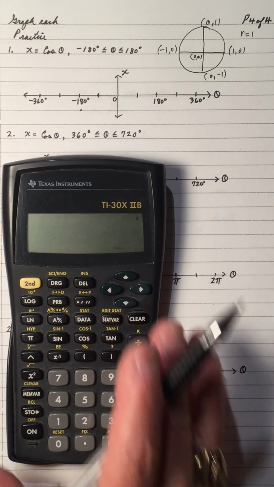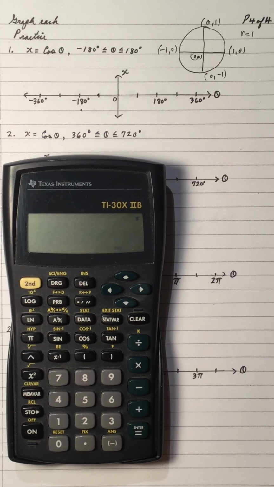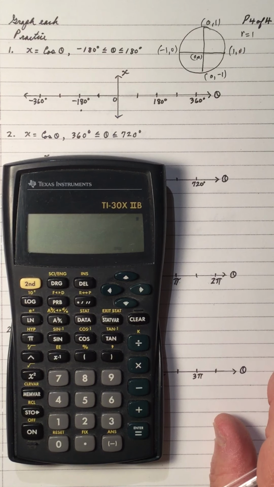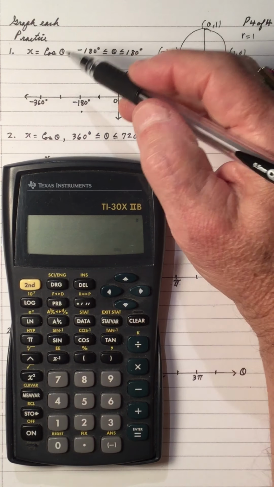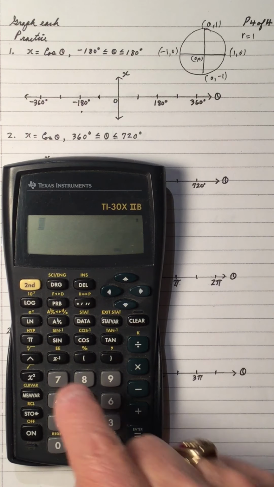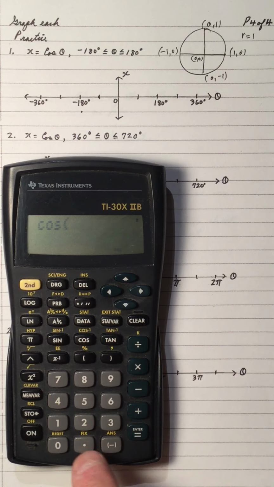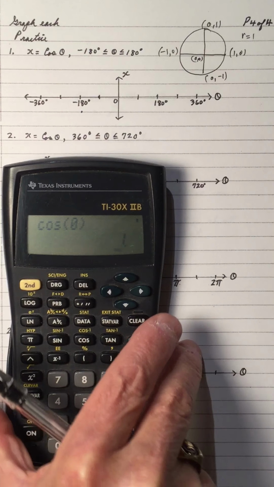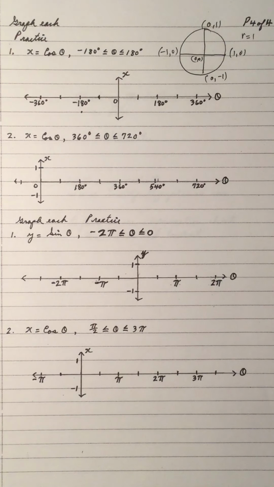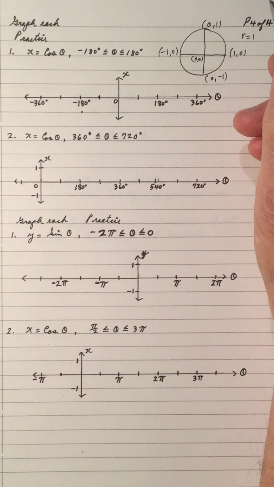If you put your calculator in radian mode, you better take it back out of it right away. So I keep everything in degree mode. I convert my radians to degrees and keep it simple. So what's the cos of 0 degrees? And the calculator says 1. So you can use your calculator to get all these answers. But I like to use the circle.